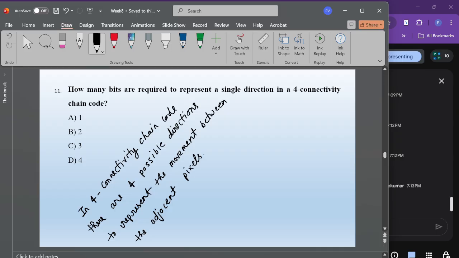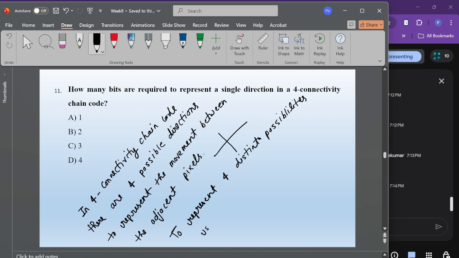That we have seen, that is right, left, up, down, right? So to represent four distinct possibilities using binary.